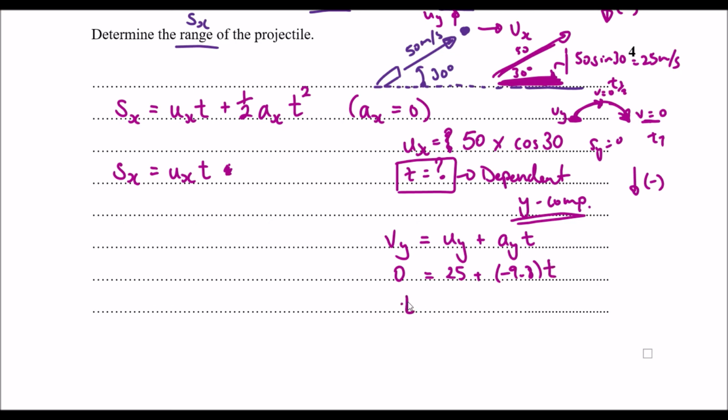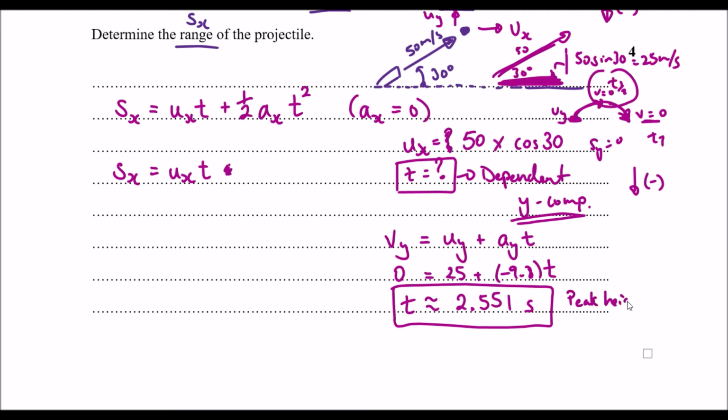If I rearrange that, I get that my time is approximately 2.551 seconds. Now, this is just for the sake of calculation. You should try and round off at the very end of the calculation. So that's the trip time to reach the peak height.